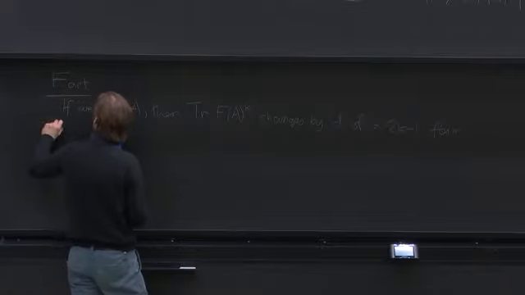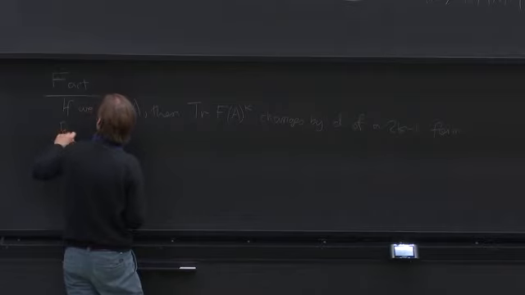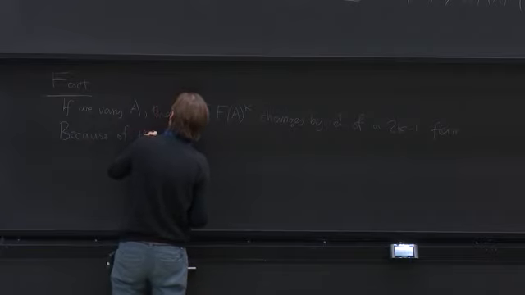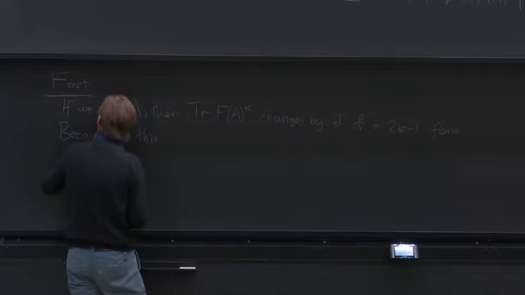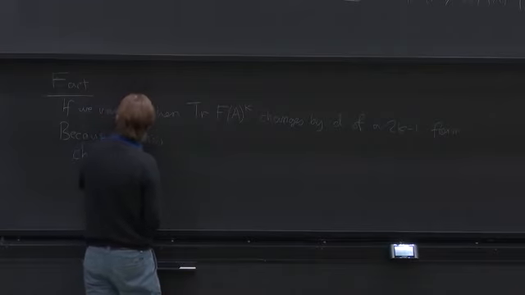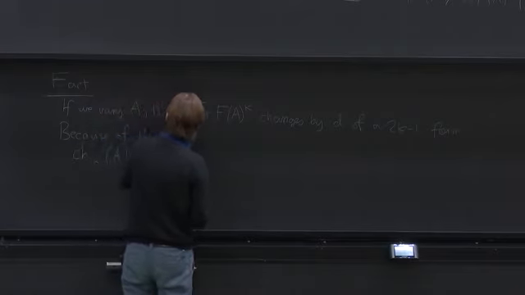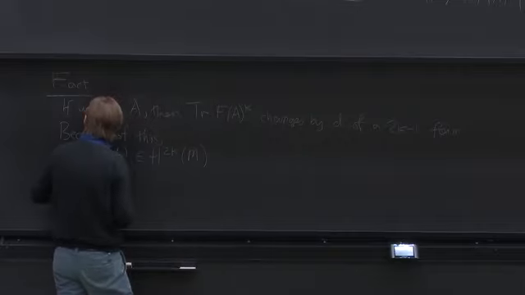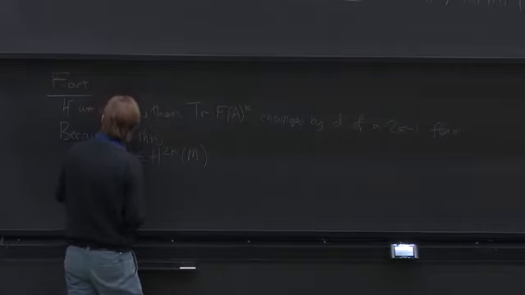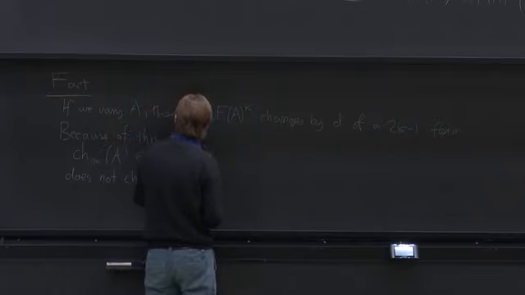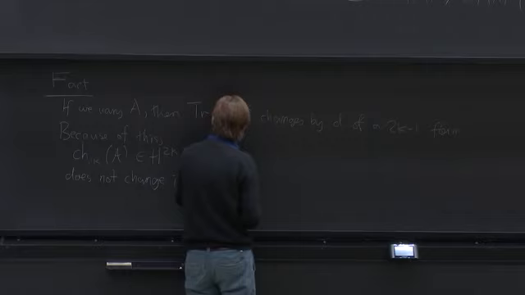So because of this, the Chern character in H^2k of M does not change if we vary A.